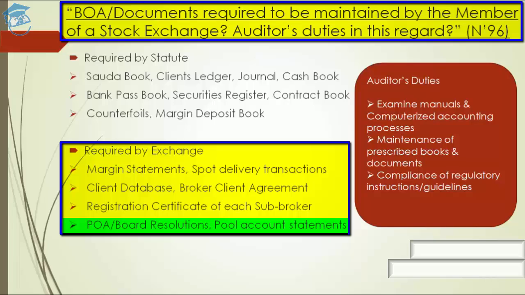All these things are the documents mentioned by the statute, and this one was for the exchange. So BOA and the documents required to be maintained by the member of exchange, these are the ones.